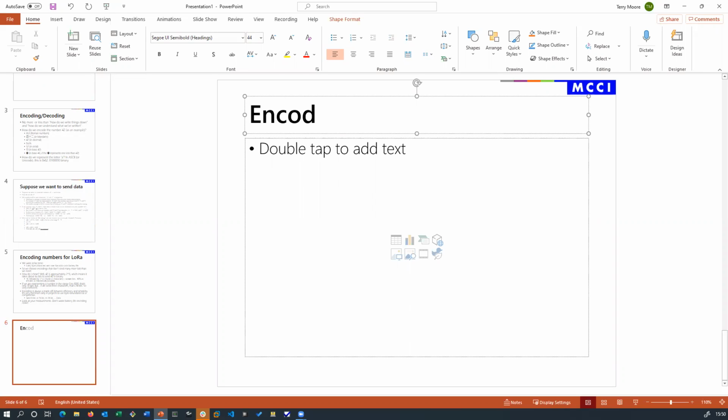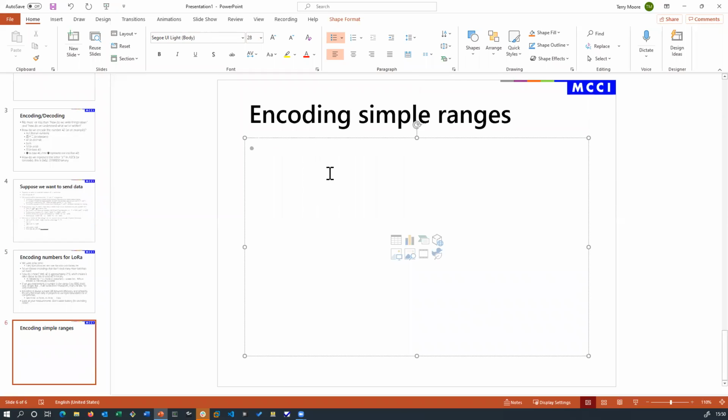So there are two cases and then I'm going to have to finish up. So, encoding. The first case is a simple range, where your sensor is like a humidity sensor that just goes from 0% to 100%, or a temperature sensor that goes from, say, -20 C to 80 C or something like that.